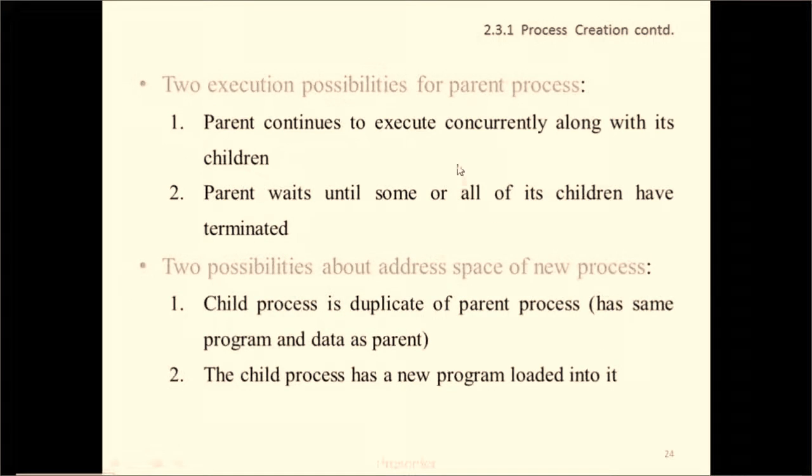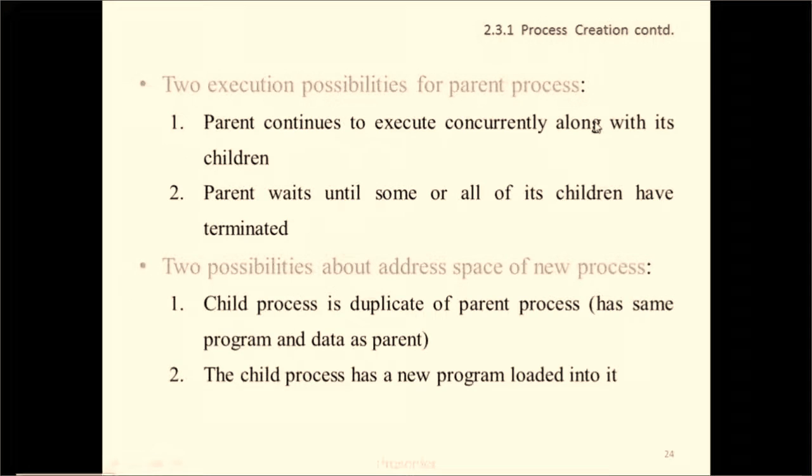There are two execution possibilities for the parent process. Parent continues to execute concurrently along with its children. This is analogous to the previous number one, where the child becomes a parent and starts working as a separate complete process. So in that case, the parent and child can continue their execution simultaneously.